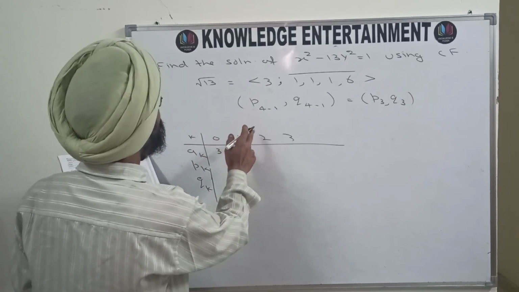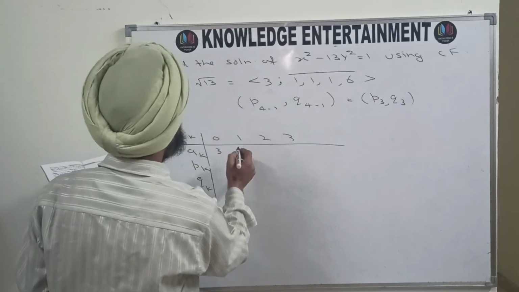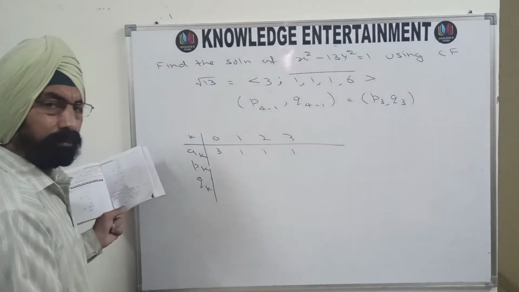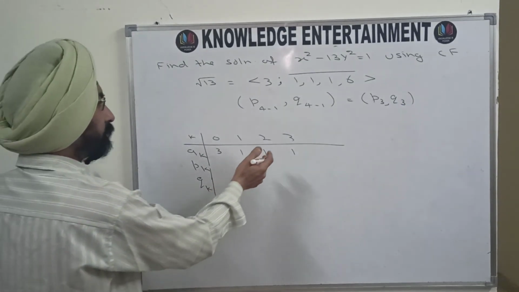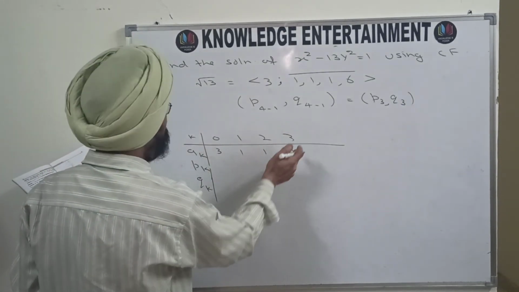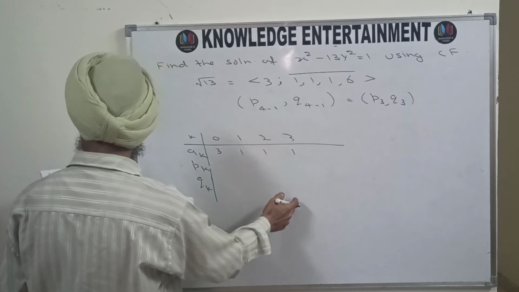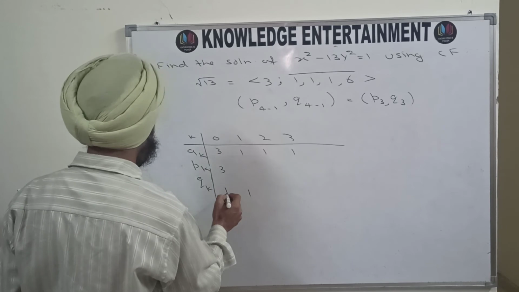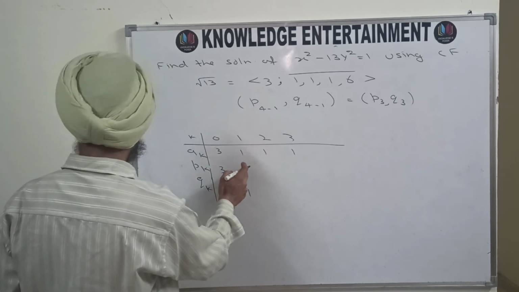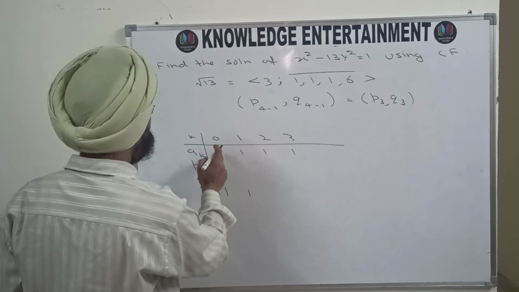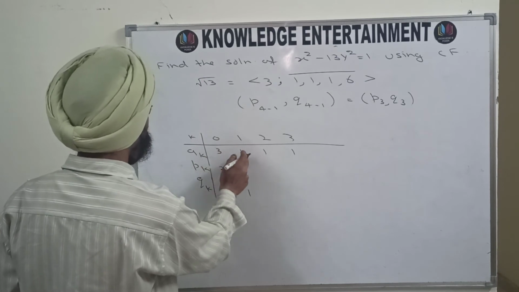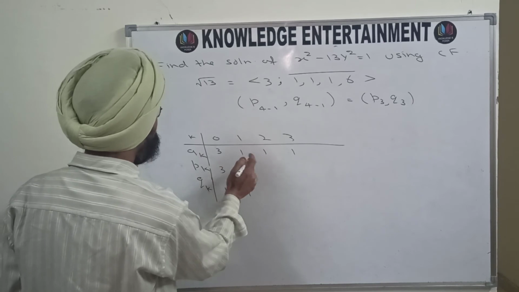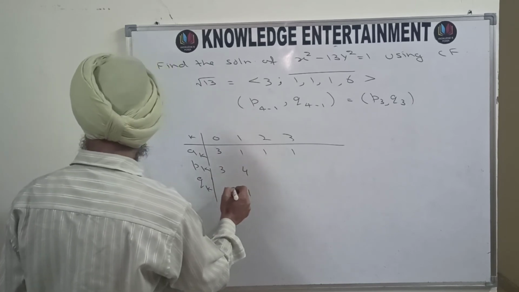AK is 3, then 1, 1, 1, next is 6, but it is no use because I want to read only up to P3 and Q3. Then this 3 will be here, this 1 here, this 1 here, and here you will get 3 into 1, A0 into A1 plus 1, 3 plus 1, it is 4.